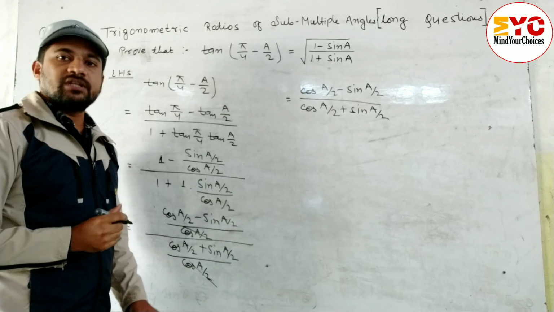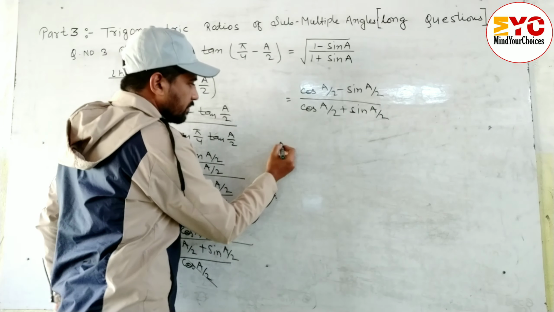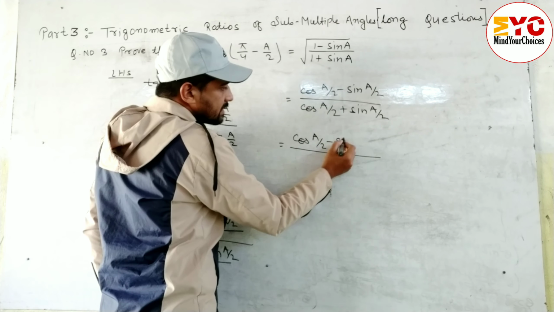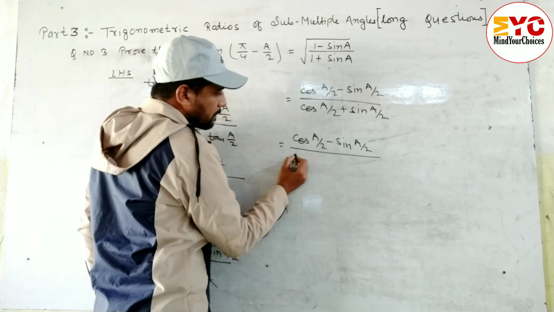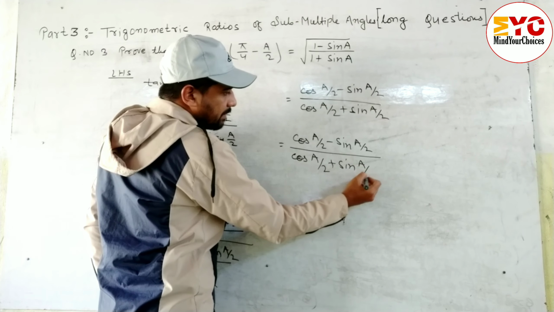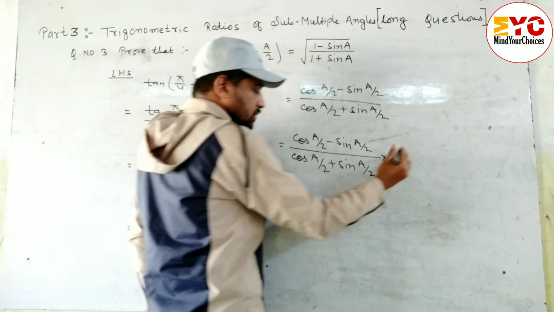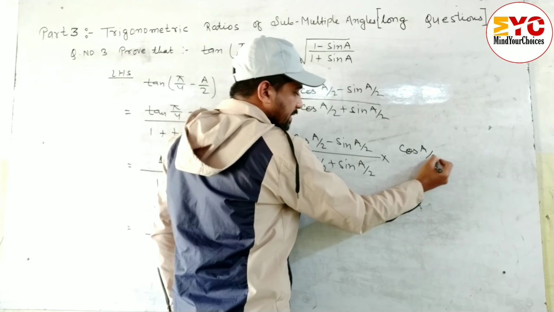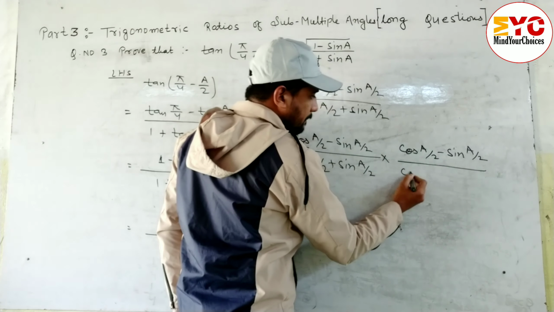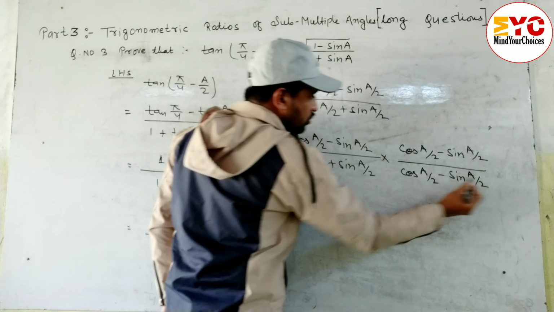After this, we have to rationalize. If here is plus, we have to multiply by minus. So (cos A/2 − sin A/2) by (cos A/2 + sin A/2) multiply. We have to rationalize this. Here is plus, so we multiply by minus. So we can write (cos A/2 − sin A/2) by (cos A/2 − sin A/2).